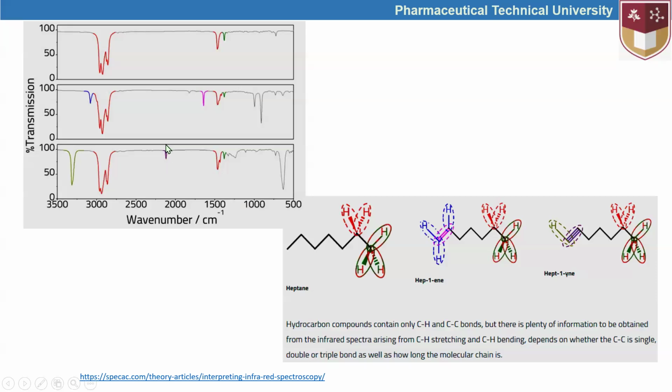So this one belongs to the carbon-carbon triple bond, this belongs to the carbon-carbon double bond, and this belongs to the interaction between carbon and hydrogen that has a carbon-carbon triple bond. Okay? The interaction of carbon and hydrogen is giving this kind of strong absorbance resulting from the carbon-carbon interactions, which is not specific to other cases.